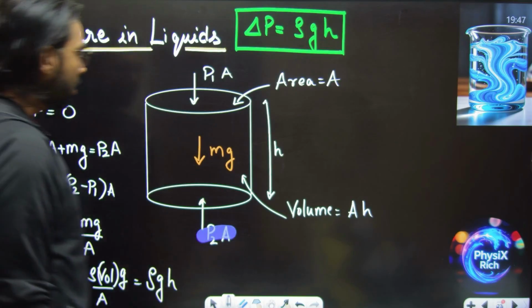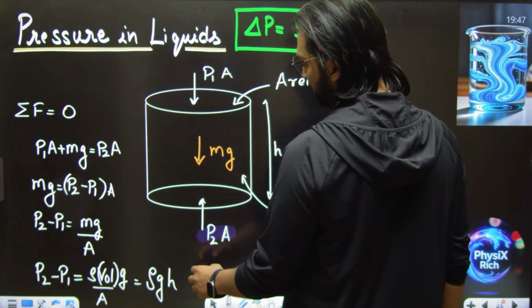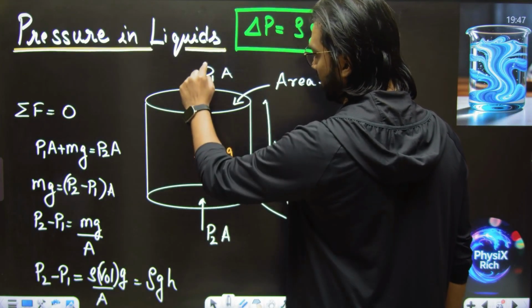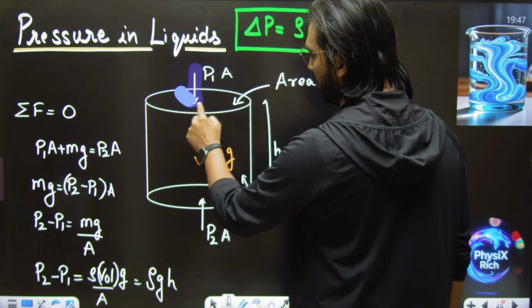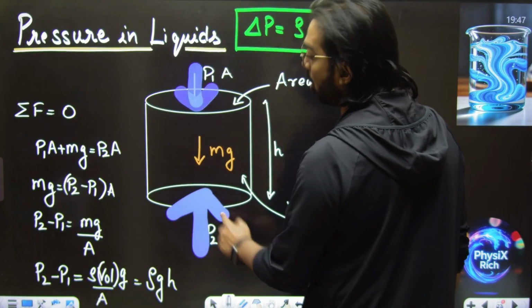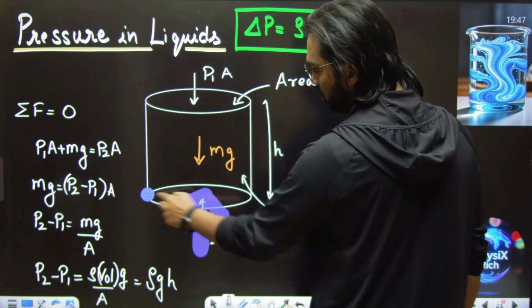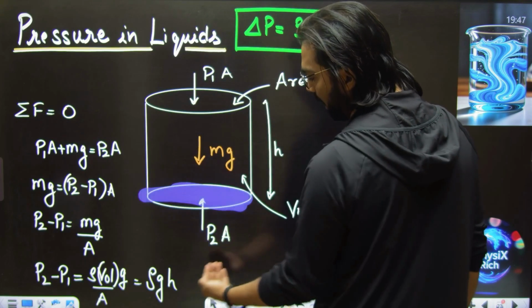All right. So the net force that is acting must be 0, right? So there's an upward force, a force on the upper surface which is in the downward direction, and a force on the lower surface which is in the upward direction.